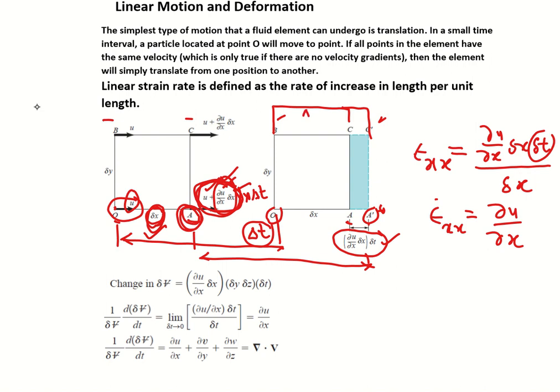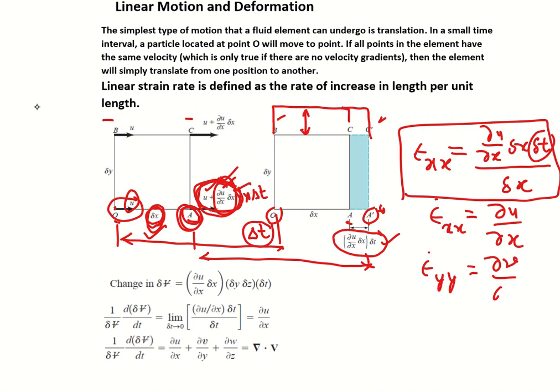This additional distance may be calculated, and ultimately if we do the same analysis as I have done here for finding out strain rate in x direction, we can get strain rate, linear strain rate in y direction, epsilon yy is equal to del v over del y.